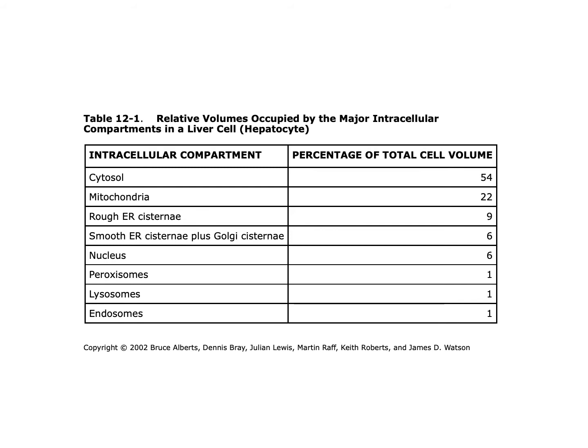So in the liver or hepatocyte, over half of the volume is in the cytosol. And it's not surprising. That's where a lot of these metabolic pathways are found. About a quarter of the volume is in the mitochondria. Then there's a small amount in the rough ER, an even smaller amount in the smooth ER. The nucleus takes up a fairly small fraction.